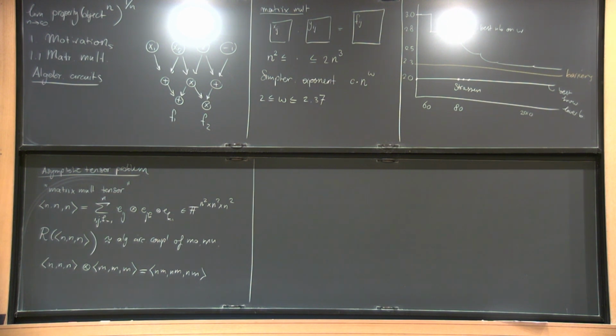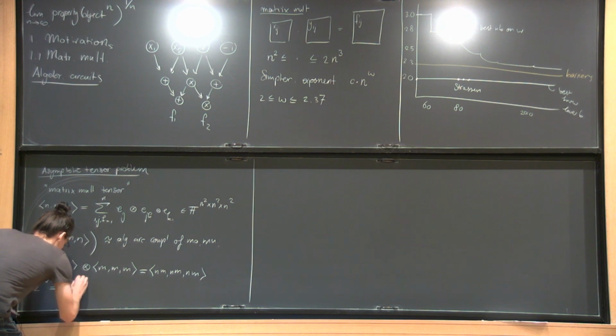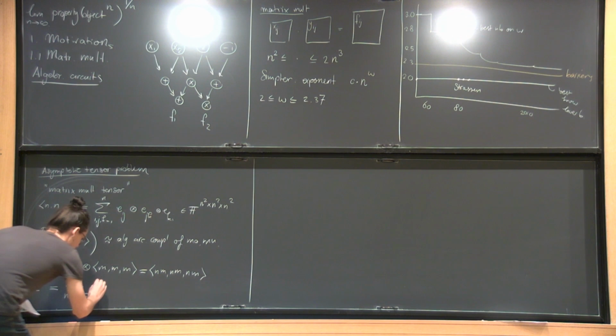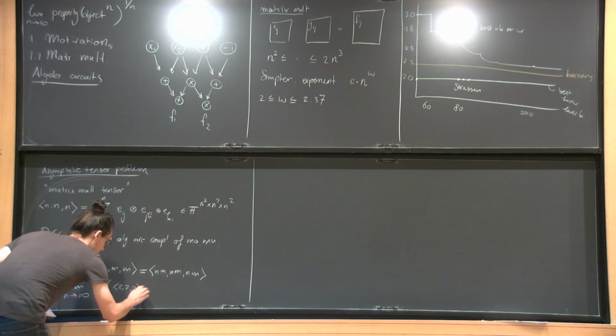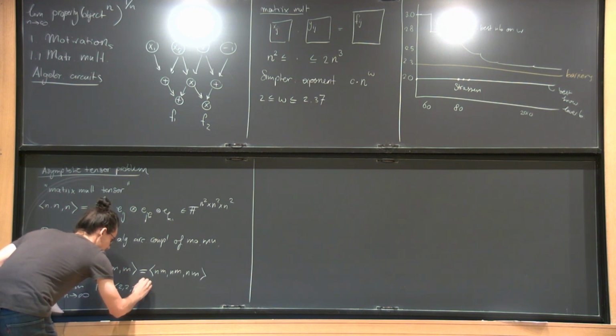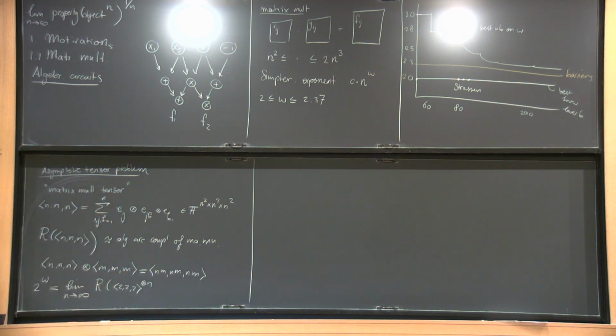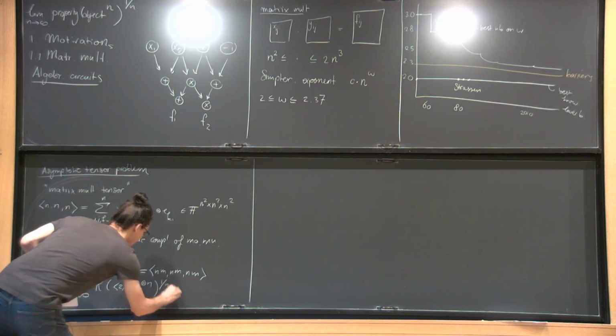The punchline here is that this exponent omega that we are interested in, the exponent of matrix multiplication, arises as a limit of n going to infinity of the rank of the nth power of the matrix multiplication tensor, the smallest one, to the power 1 over n.